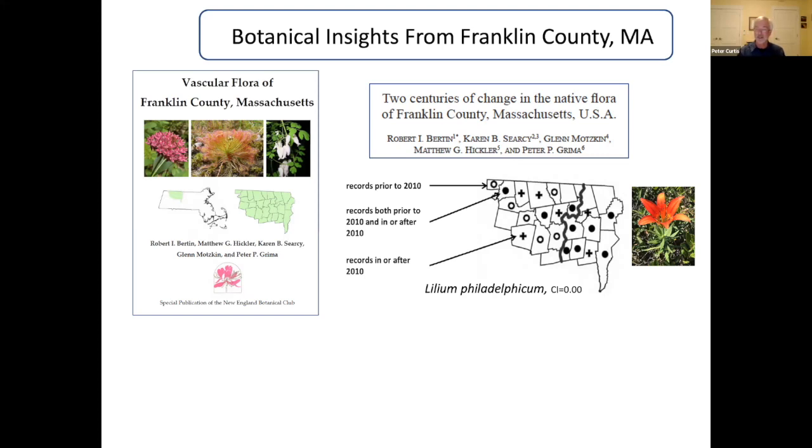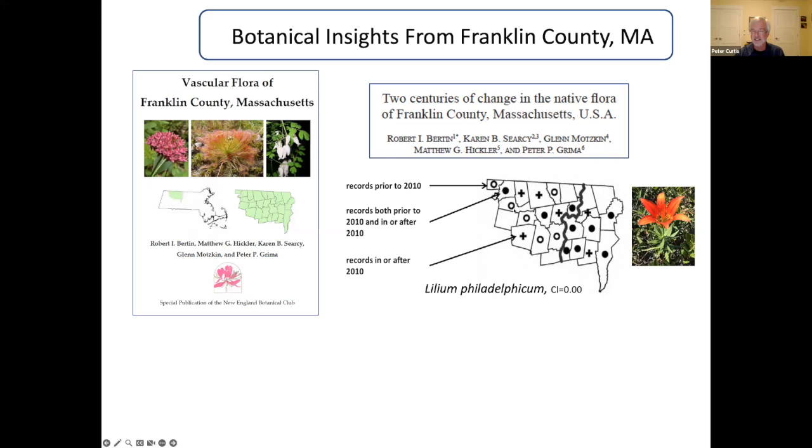So they either recorded plants that were there historically and they found again, with the closed black symbols, or plants that were there historically but they failed to find, so they disappeared. They're no longer there. Or conversely, plants that were not recorded in that town historically, but have appeared there in this most recent survey. So the example here is our wood lily, Lilium philadelphicum. And what you can see here are the 26 towns.